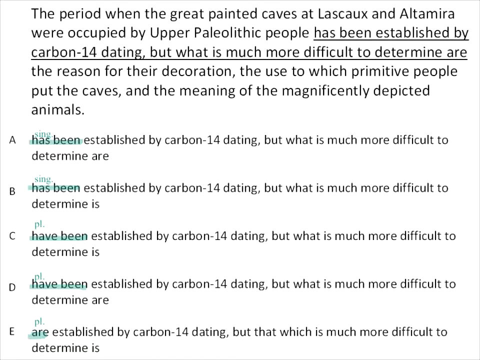But these do. So does anybody know what the subject is of this and why? Text box, what is the subject? A few of you are indicating, yeah, the subject is period. Now who knows why? Let's type into the text box a quick explanation of why.